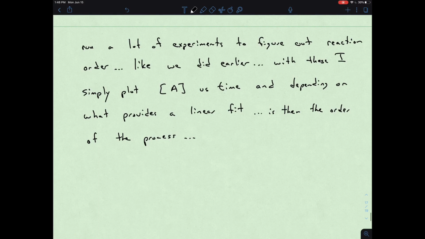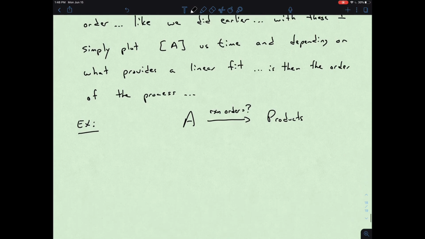So, for example, let's just keep going with our general reaction. And we don't know what the reaction order is.